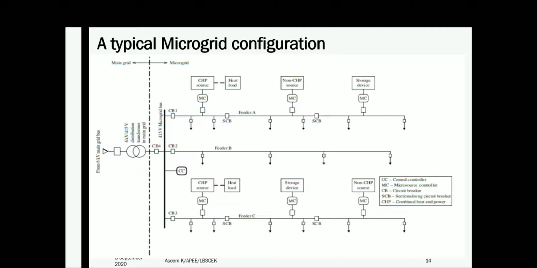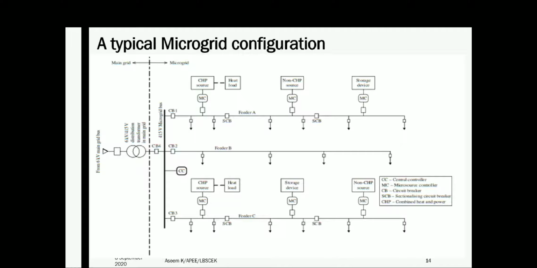The micro sources and storage devices are connected to feeders A and C through micro source controllers. On feeder B there is no micro source. Feeders A and C are connected with micro sources and storage devices like batteries through micro source controllers, that is MC.